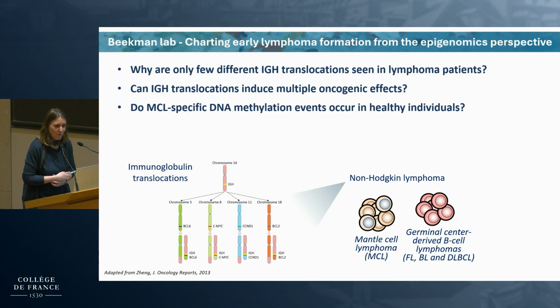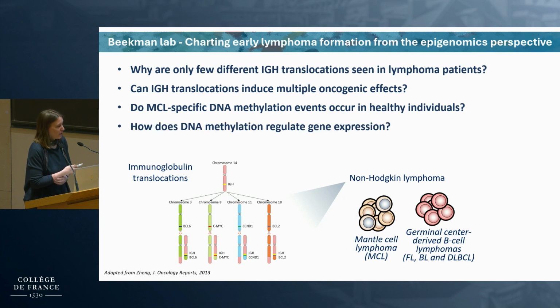So DNA methylation harbors a memory of enhancer activation at enhancer sites. So we try to use this to do that. I will not talk about that today, but this is another feature we do in the lab. And then we also try to understand how DNA methylation regulates gene expression, especially at enhancers, because this is still a debate in the field.